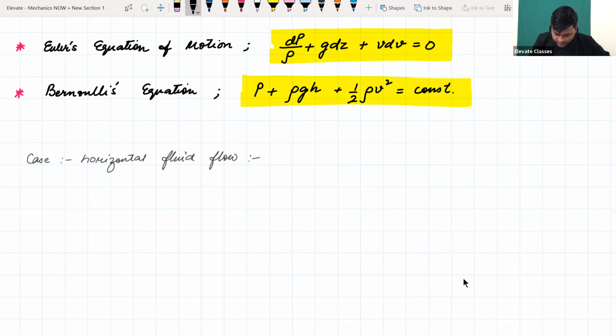Let us draw the diagram first. Something like this. This is the opening of the pipe, this is the exit, and there is fluid traveling through it.